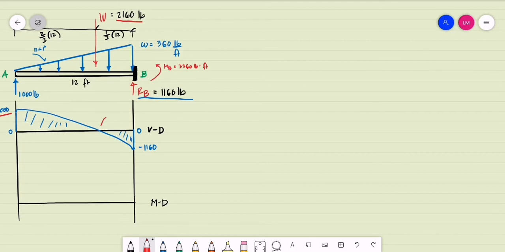In our shear diagram, we have this point where the shear is equal to 0. To determine this point, all we have to do is cut the beam, expose, and then do our mechanics. So let's say we assume this distance from point A to be x.